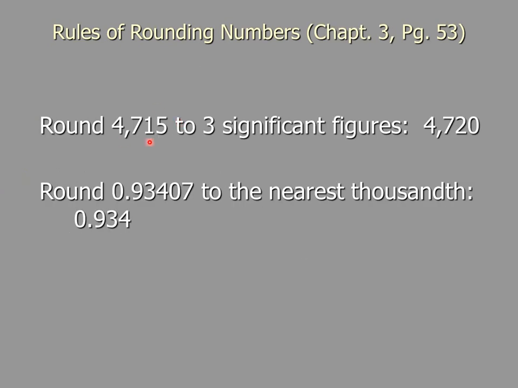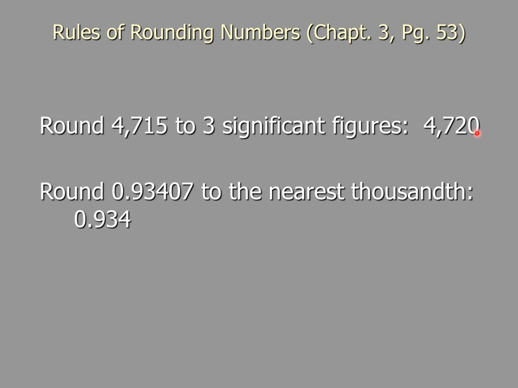So if somebody gives me this number and tells me to round to 3 significant figures, what I'm going to do is, because I know that we have 4 significant figures here, right? Do you see? There are 4 significant figures, but if I have to make it 3, that means I'm going to change this 5 to 0, right?